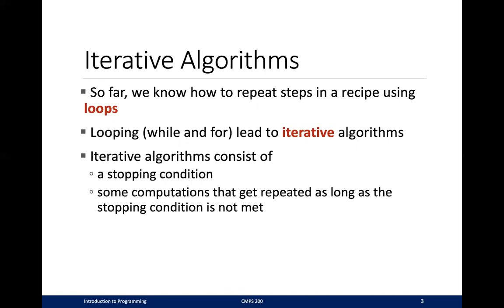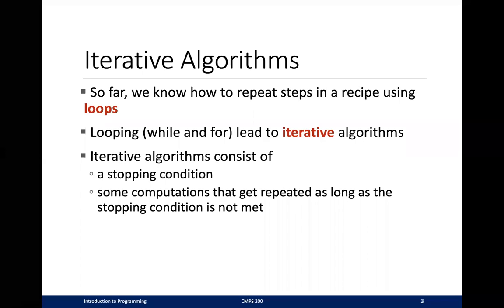Iterative algorithms that contain loops consist of the following steps. You have to define a stopping condition, otherwise the loop will go on indefinitely. You don't want an infinite loop in your program or algorithm. So you have to specify a stopping condition, for instance a range of a certain number, or until a certain condition is no longer true, using a while loop.